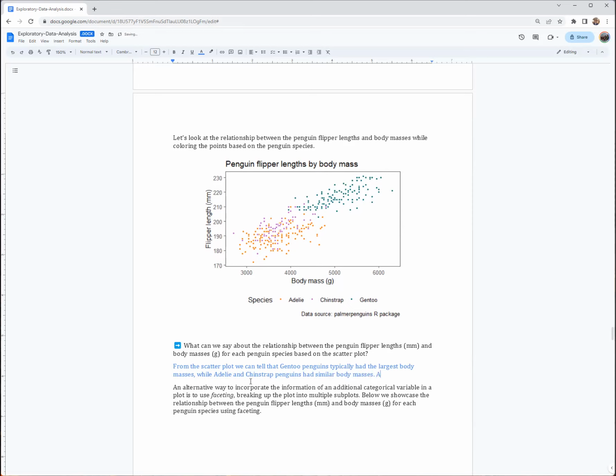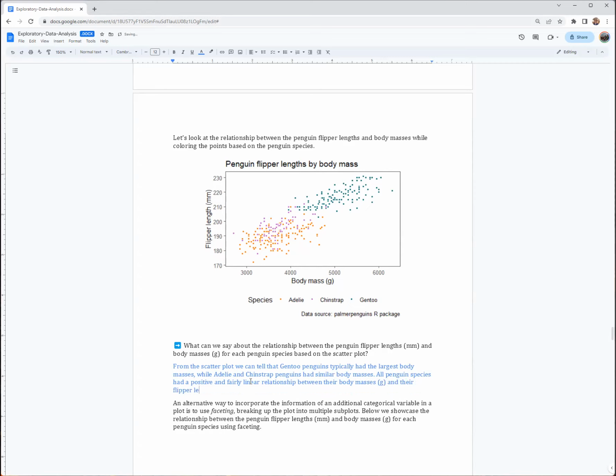We can also say that all penguin species had a positive and fairly linear, so fairly straight line, relationship between their body masses in grams and their flipper lengths in millimeters.